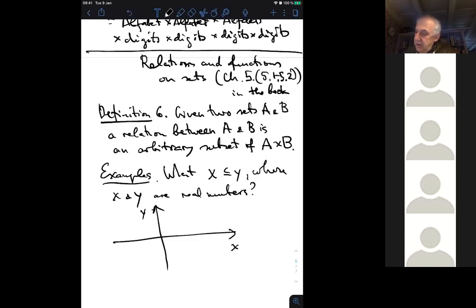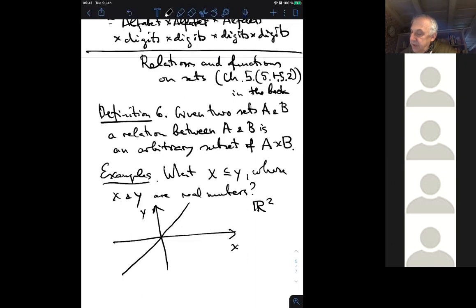The relation of one number being smaller or equal than the other is some subset of the Cartesian product, which in this case is just the usual plane. We can draw the domain in the plane where x is smaller or equal than y.